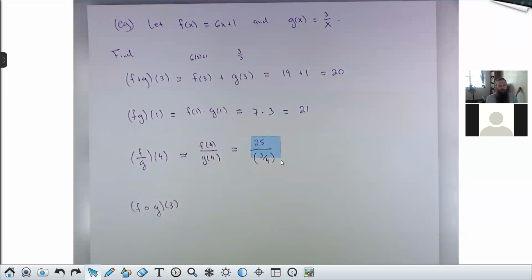How do you simplify 25 divided by 3/4? You multiply 25 by the reciprocal of 3/4. Yeah, very good. We're going to multiply the top by the reciprocal of the bottom.